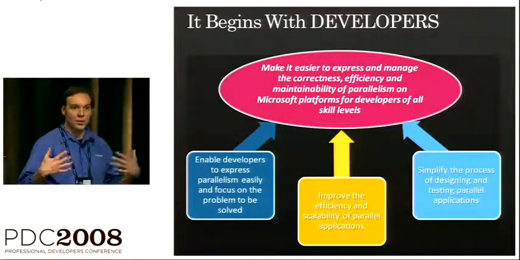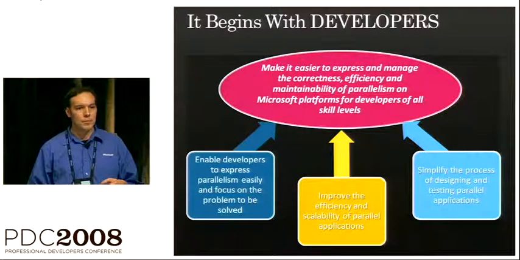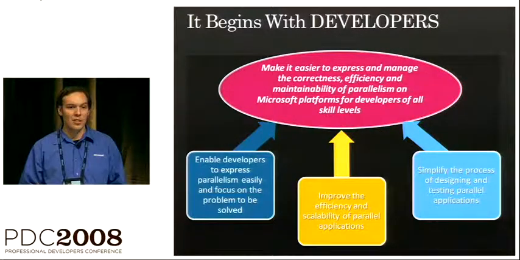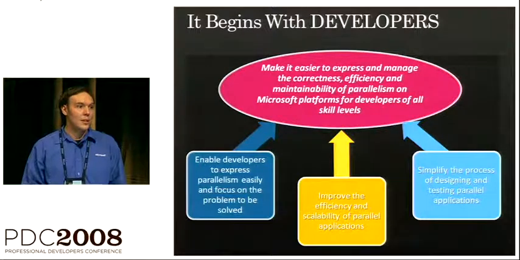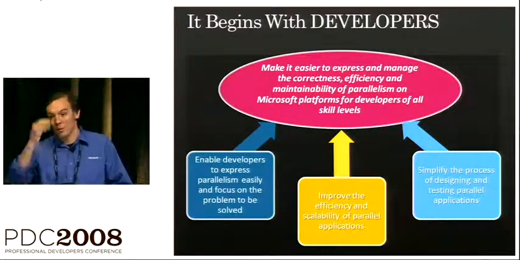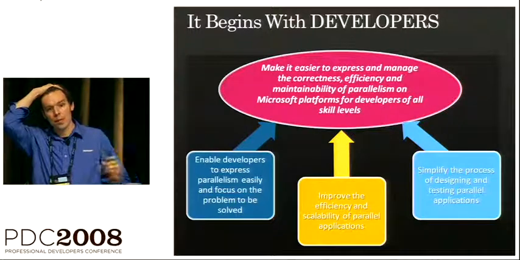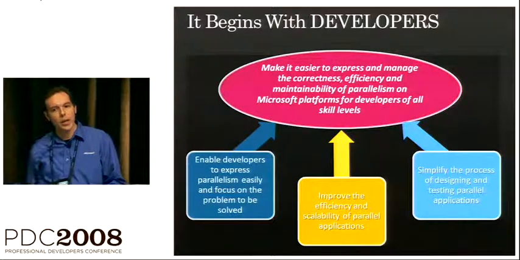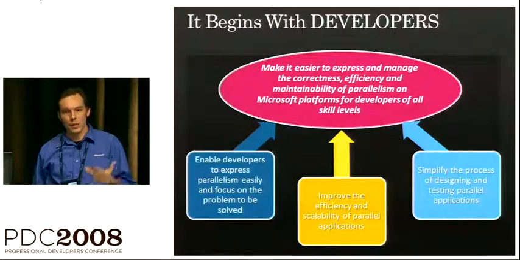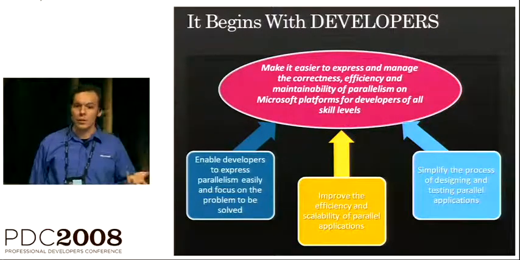But this creates some problems for us, the developers. One of the primary problems is that it's just really hard. When we talk to companies, they think maybe 5% of developers, maybe 10%, very few, are actually successful and have the skills to write multi-threaded code today using the APIs and the tooling that is available.